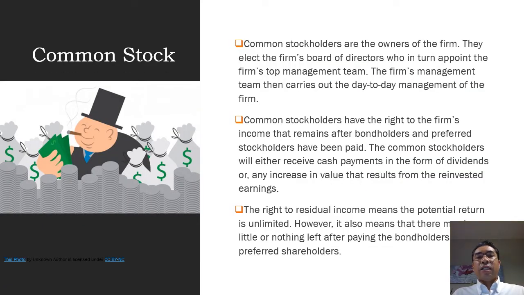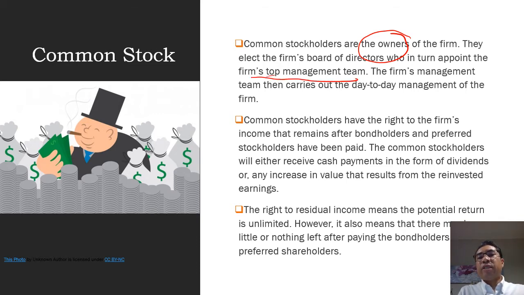Okay, so let's now review and discuss generally what is common stock. The most important thing is that the common stockholder is basically the owner of the firm. They will elect the BOD, the board of directors, who in turn will appoint the firm's top management.